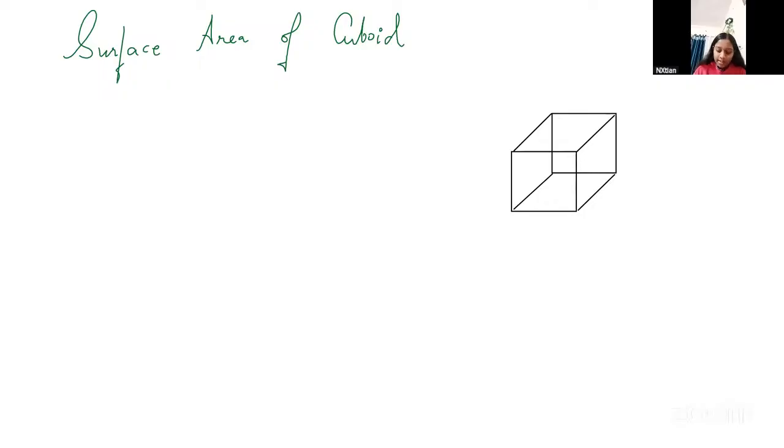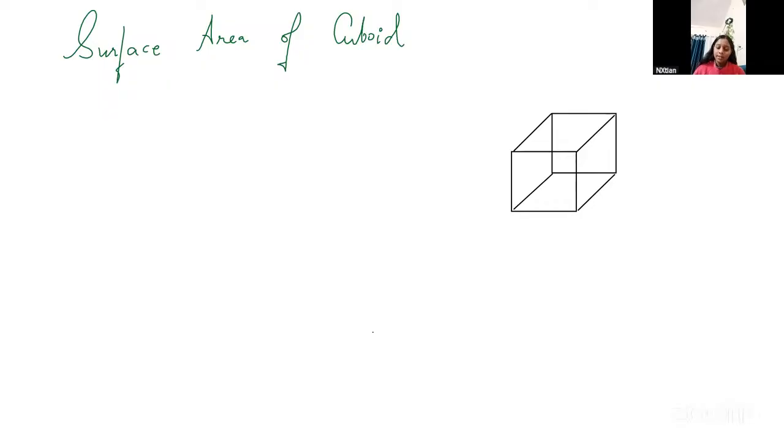So, for two parallel faces, the area of one rectangle is what? Length into breadth, right? Two side parallel faces, 2 into length into breadth. Two up and down parallel faces, 2 into length into breadth again. Or you can say breadth into height.